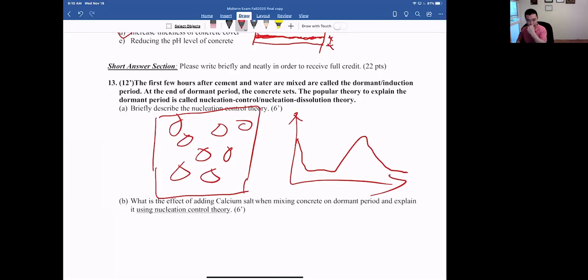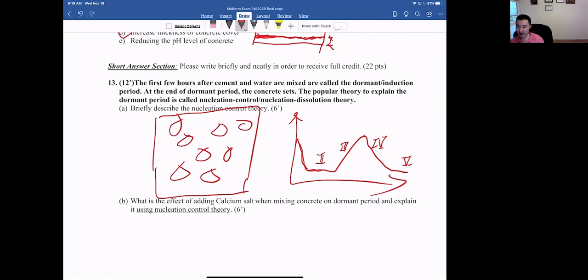Stage 1, we have fast dissolution, and stage 2 is called the dormant period. Stage 3, hydration will accelerate. Stage 4, the rate will slow down, and then stage 5 is called the stable stage or diffusion control stage.